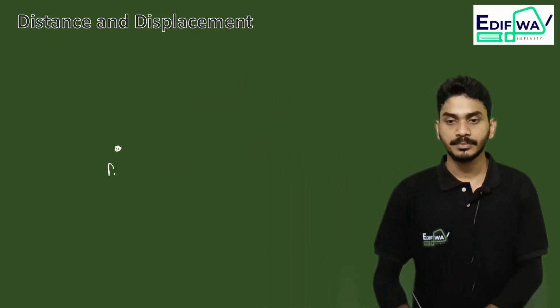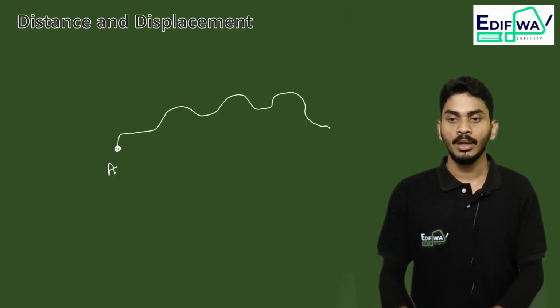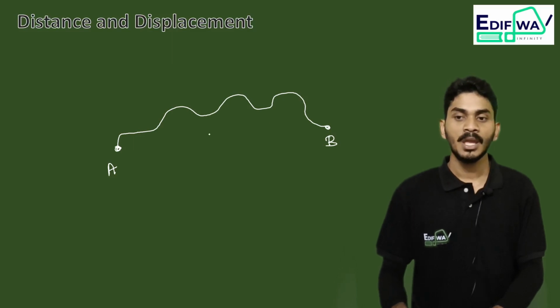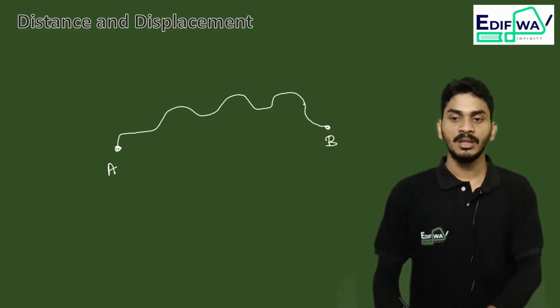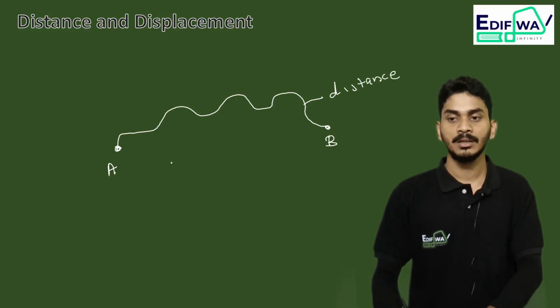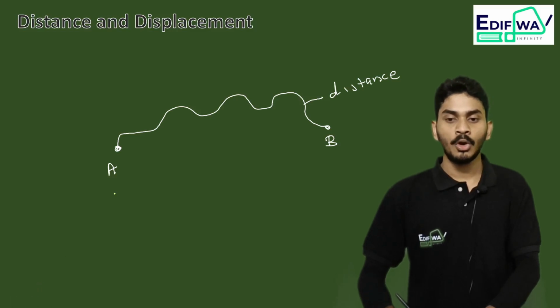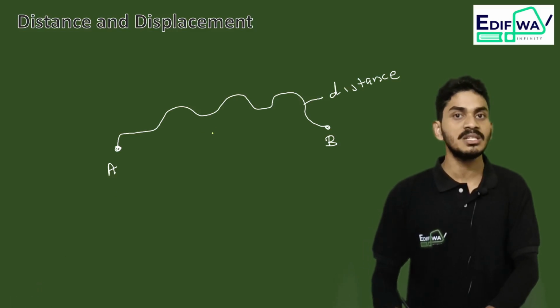Okay, I'll give you an example to understand that. Suppose there is a position A and a body is moving from A to B along this path. Then the total path length the body covered is the distance. So this is the distance. Then what is the displacement? You know, displacement is the shortest distance, right?